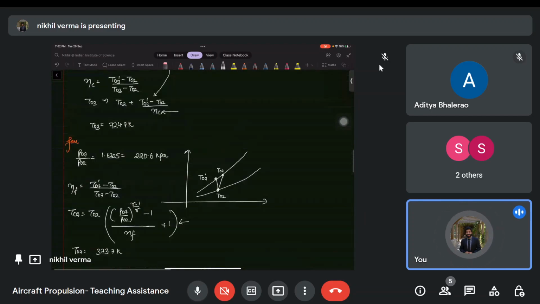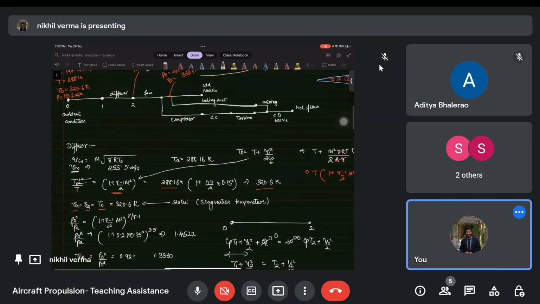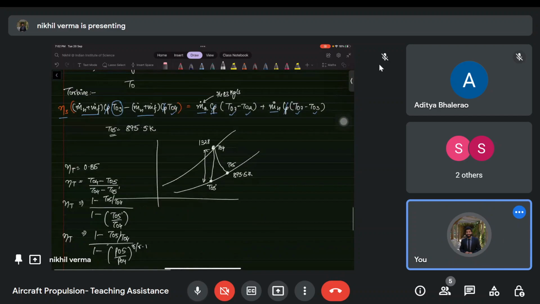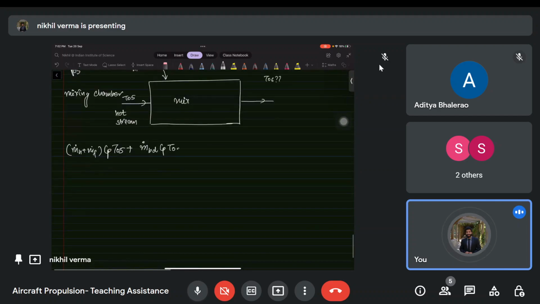This was station number 7, right? Yes. So T naught 7 will be equal to (m dot h plus m dot f) plus m dot bd into CP into T naught 6. So you can calculate T naught 6 with this equation, and you will get T naught 6 as 680.3 Kelvin.